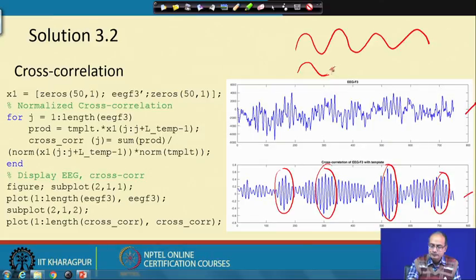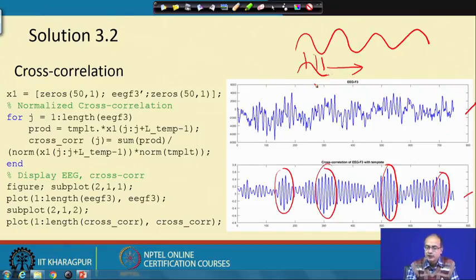If we slide the template in this direction, when it is aligned it will give high value, when it is placed here it will give negative value, but high magnitude, in between it will give no match, 0.